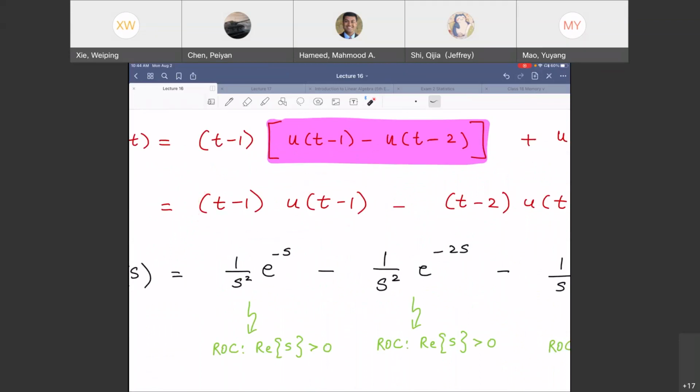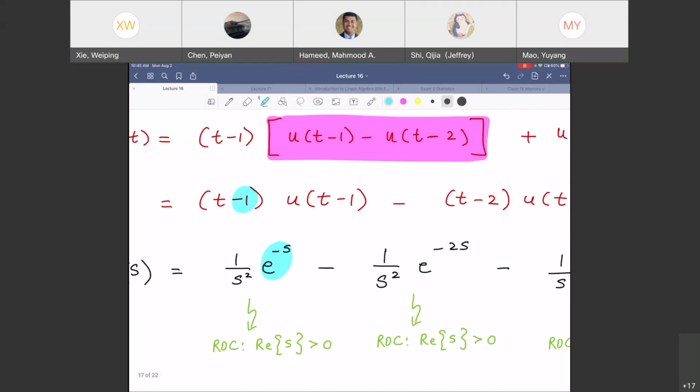For t u of t, I know it is 1 over s squared with real part of s greater than 0. When I delay it by one time unit, I get e to the minus s, right? So because of this guy, I have this. And because the function is t u of t, I have the 1 over s squared. And I'm doing a time shift, so the region of convergence doesn't change. It is going to be still region of convergence of real part of s greater than 0.